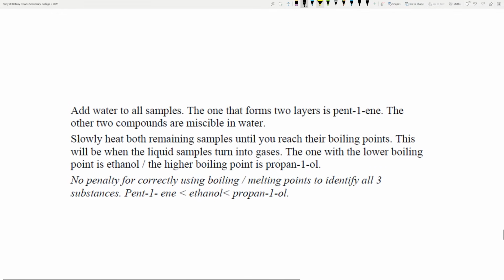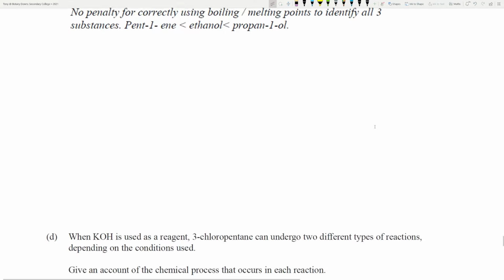Same thing with pentane and water, then we slowly heat, and they turn to gas. The more carbons there are, the higher the melting point and boiling point.